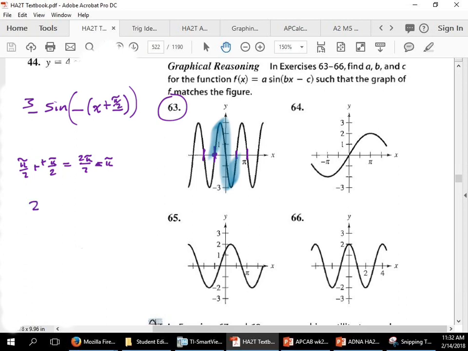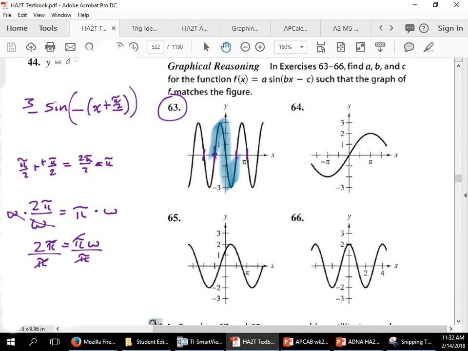Now, this might be kind of obvious to you guys, so I don't need to do this part, but I'm going to write it out anyways, because there's one that's not that obvious elsewhere in these practice problems. 2 pi over omega to equal pi. What would that omega have to be? You guys said 2. All right, let's use algebra to prove it. I'm going to multiply both sides by omega, and then I have 2 pi equals pi times omega, and I'm going to divide both sides by pi.